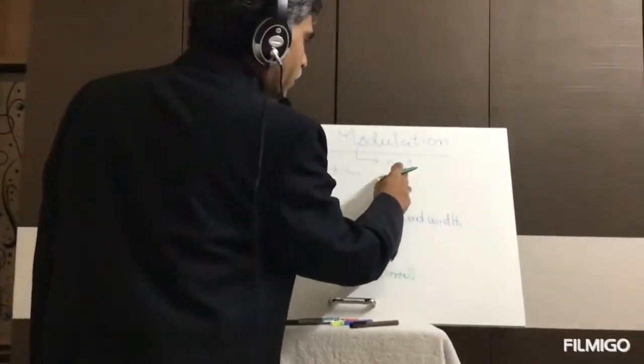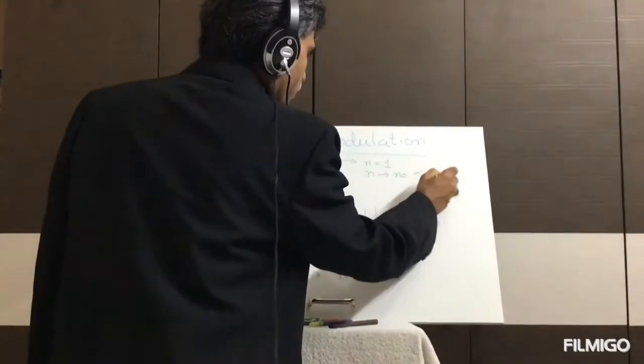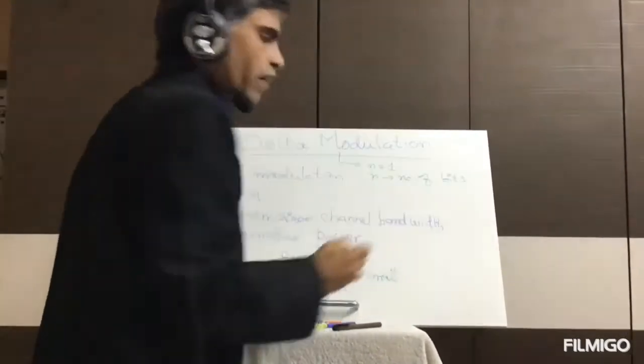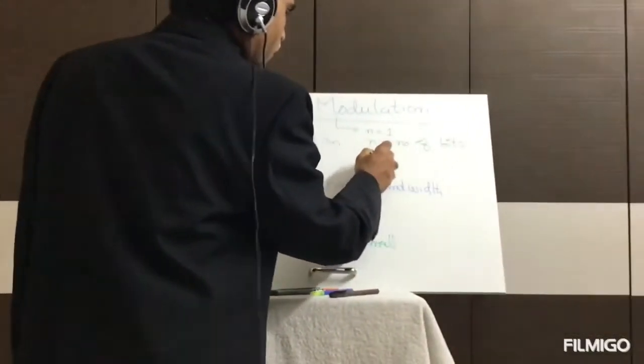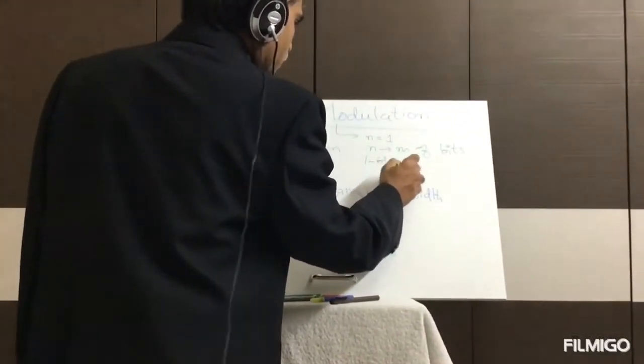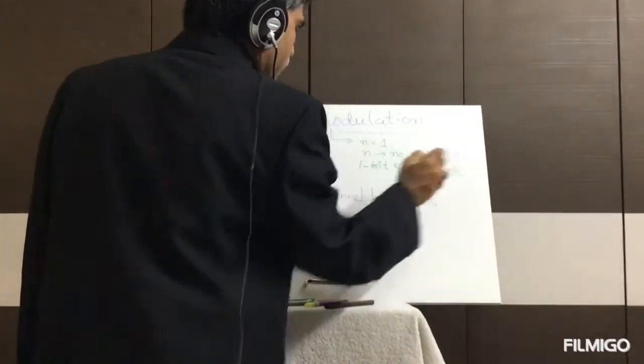Remember, n equal to 1, where n represents the number of bits, meaning binary digits, and the quantizer is called a 1-bit quantizer.